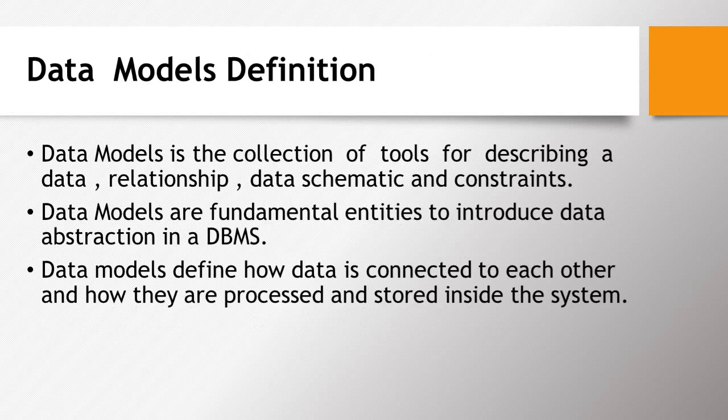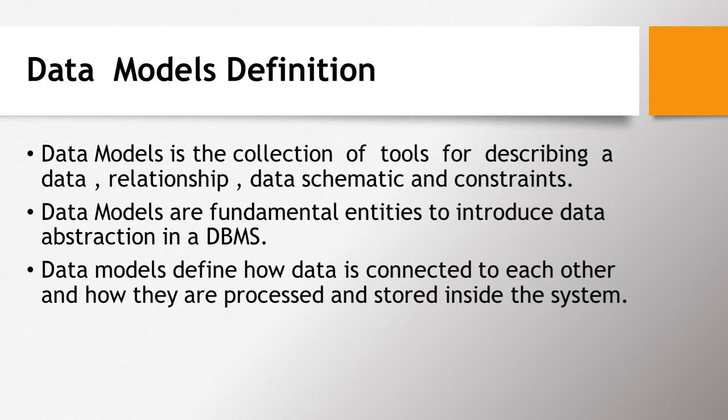So now what is data model? So data model is the collection of tools for describing a data relationship, data schematic and constraints. Data models are fundamental entities to introduce data abstraction in a DBMS. So mainly it is the logical structure.